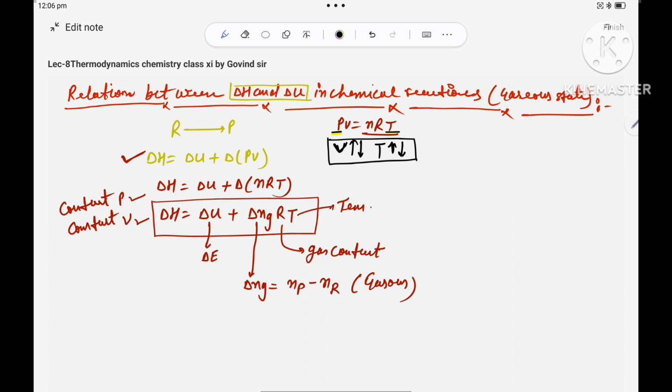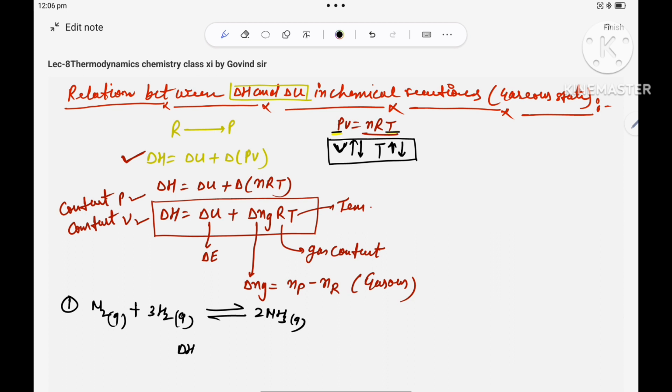So suppose one reaction is given, find out the relation between delta H and delta U for the following reaction. Question is N2 gas plus 3H2 gas gives 2NH3 gas. So what is the relation?